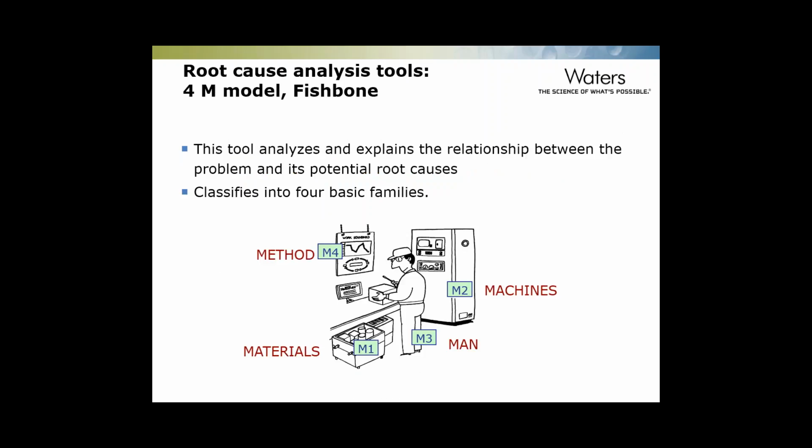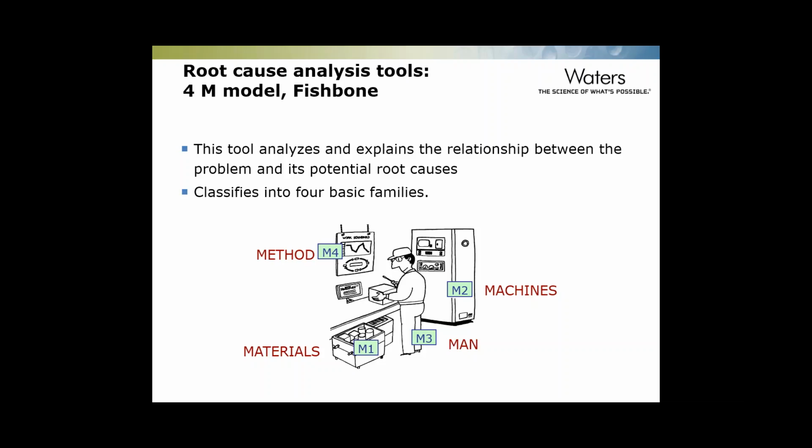All right. The next tool is our Fishbone. It's called 4M. It's also known as 4P. There are a number of different terminologies, and it's 4 because you have 4 basic branches that you're going to look at. It's the method: what was the method or the processes? The materials that are used.